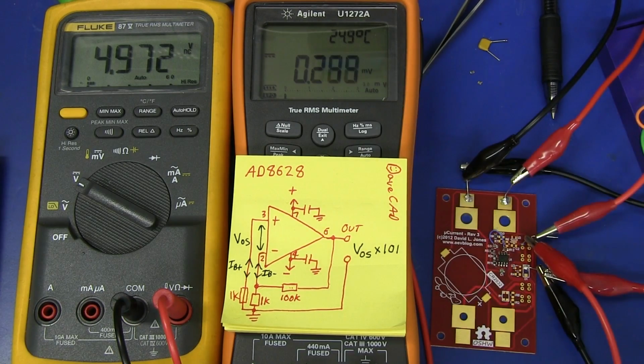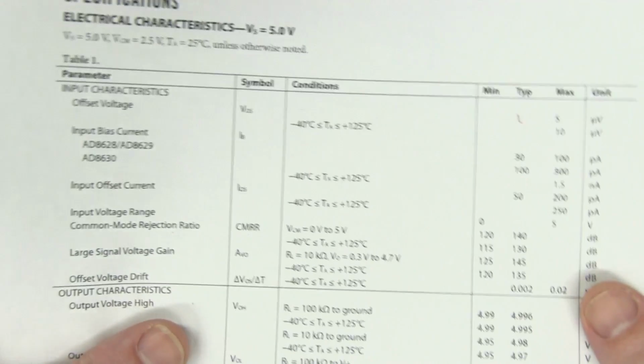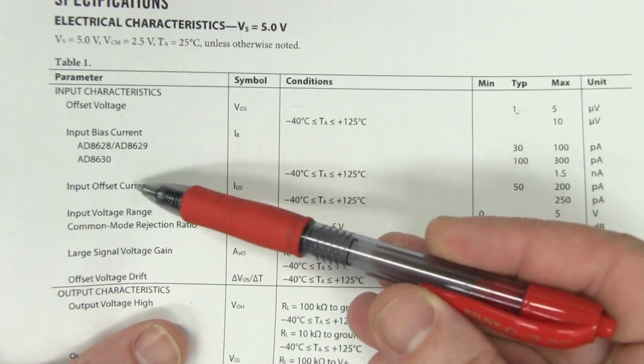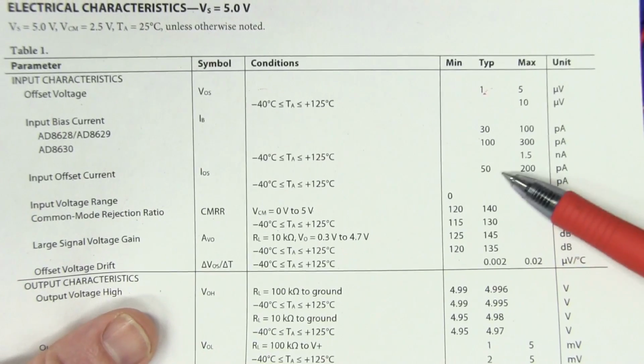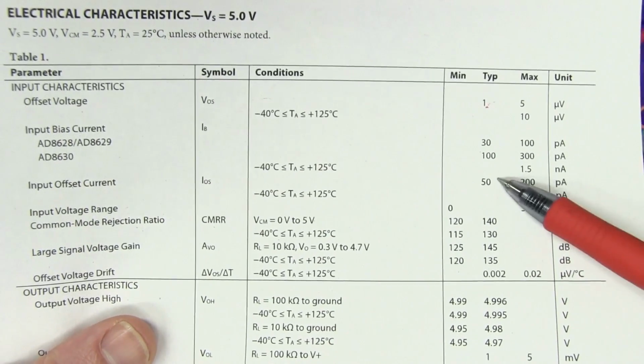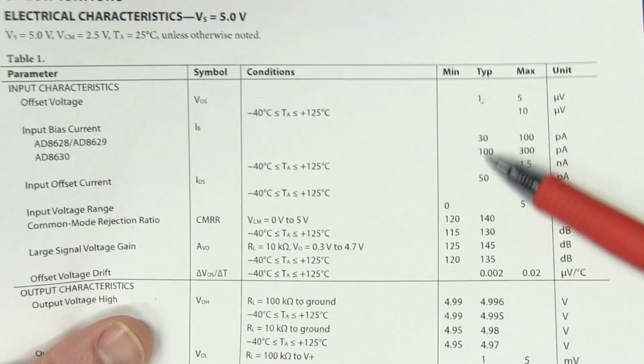And we haven't even mentioned, ta-da, the elephant in the room, which is the input offset current, IOS. Look at this, a typical value of 50 picoamps. So it's actually higher than the input bias current.